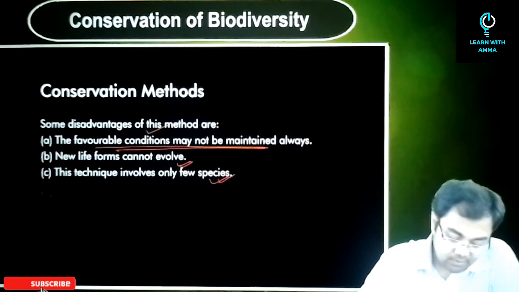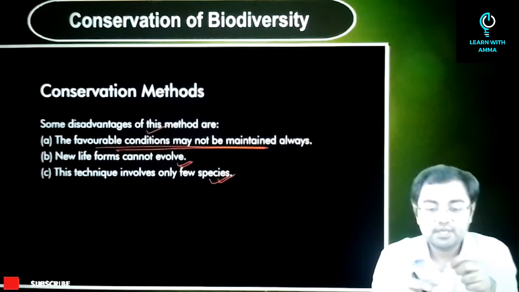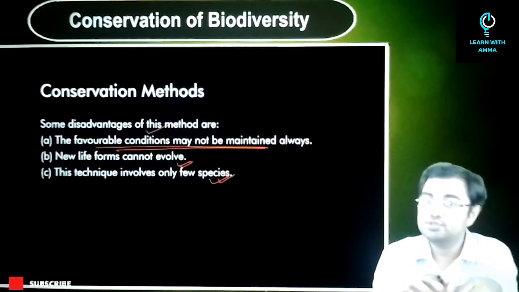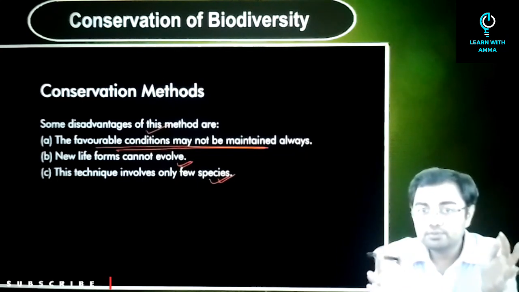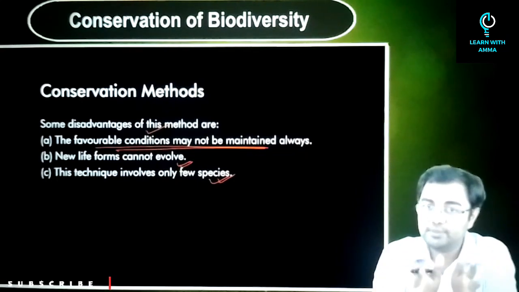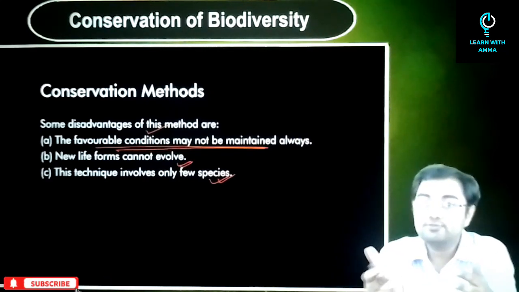Then this technique involves only few species. Of course, if you remember, we discussed that when we talk about in situ conservation, many of the knowns and unknown species start to get conserved, they start to get a good natural habitat, and they will be able to survive and thrive for long.